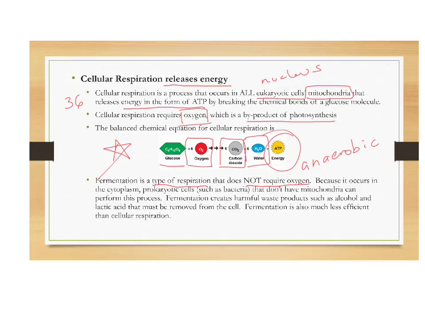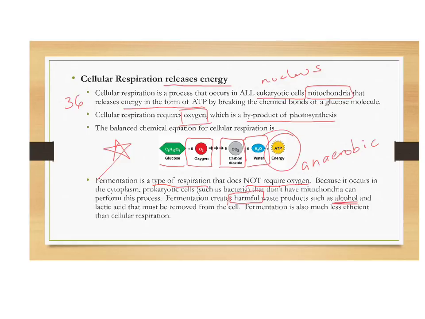Fermentation creates harmful waste products right here. Some of those waste products are harmful and some of them are not harmful. When plant cells or single-celled organisms like yeast undergo fermentation, they produce things like alcohol. This is the same alcohol that people drink.